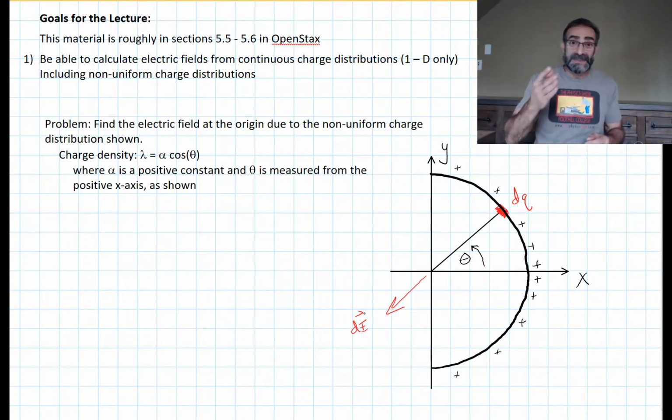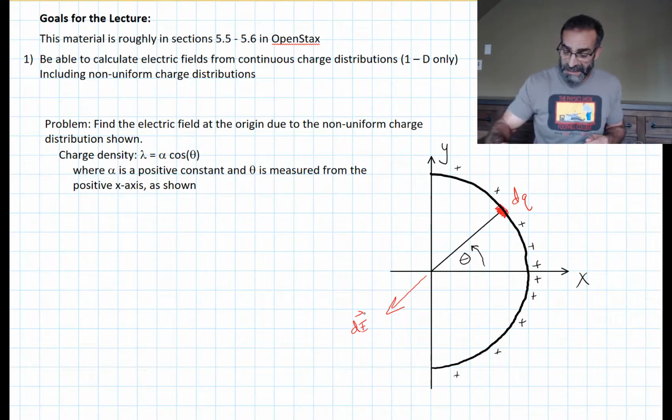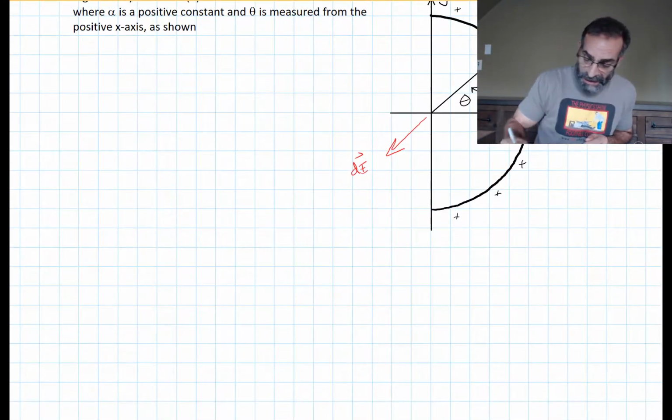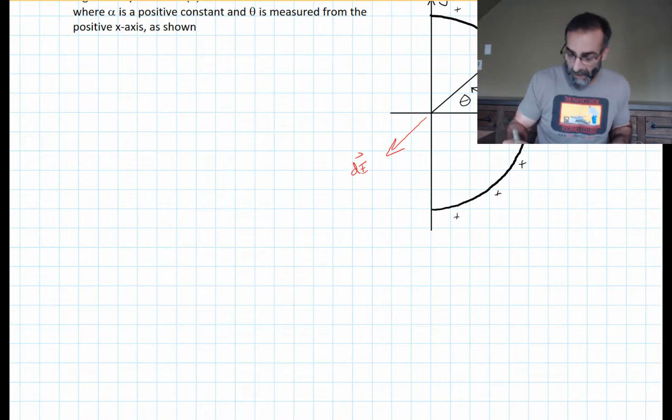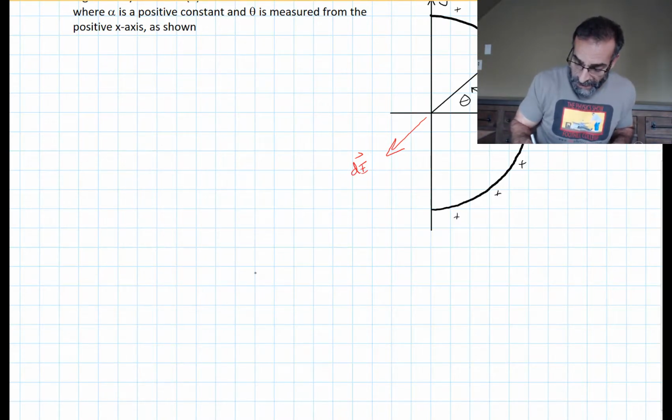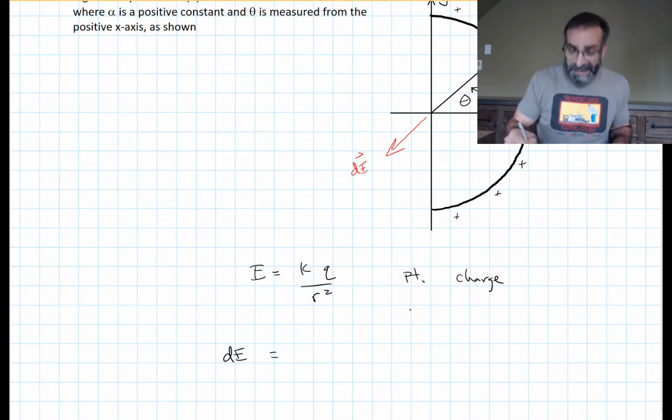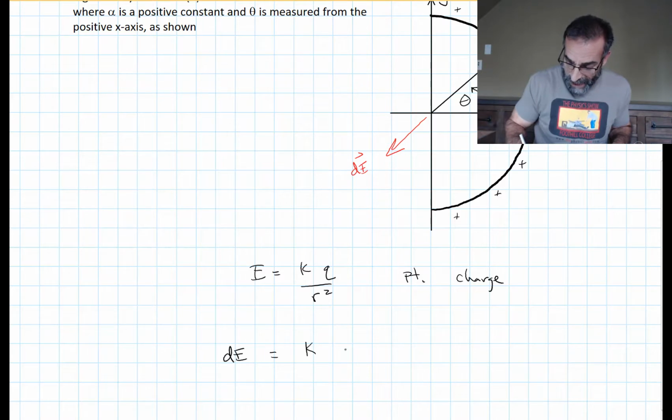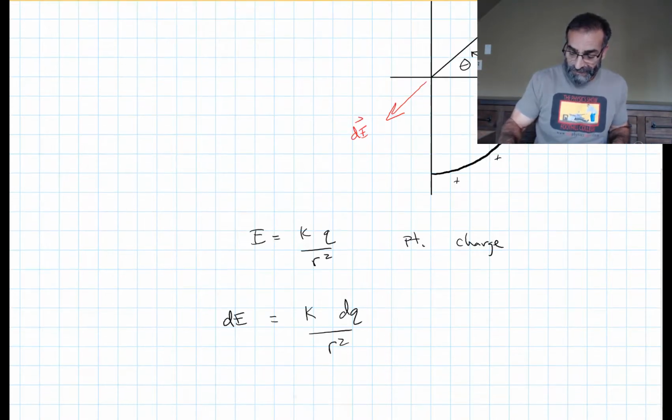And that means we need to do vector components. So we treat dq like a point charge. And we know the electric field from a point charge is k times the charge over r squared. And so the little tiny amount of electric field that's produced at the origin due to dq is going to be k times the charge over r squared.